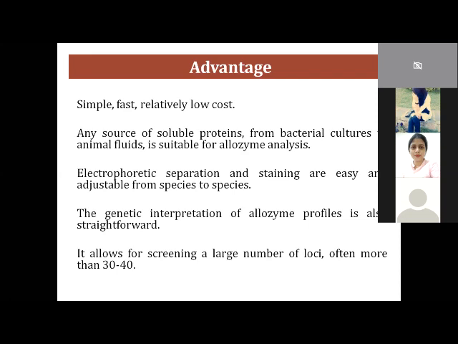Suppose an individual has 30 to 40 proteins which are polymorphic, or 30 to 40 allozymes which exist in two different isoforms. So in a single gel electrophoresis, by separating a single sample, you can analyze the isoforms of 30 to 40 different allozymes in a single gel. So at a time you can analyze or screen a large number of loci. This is the advantage of the allozyme or the isozyme.